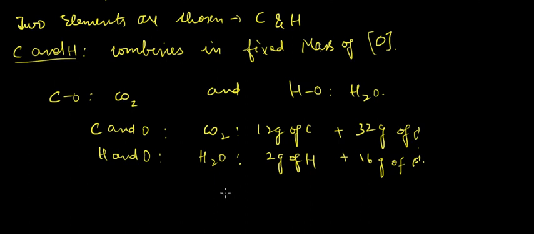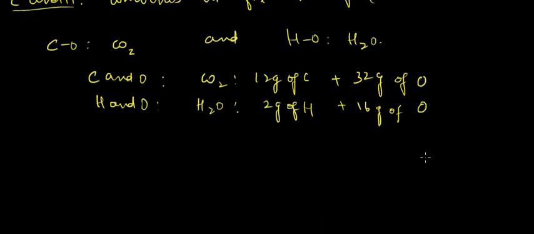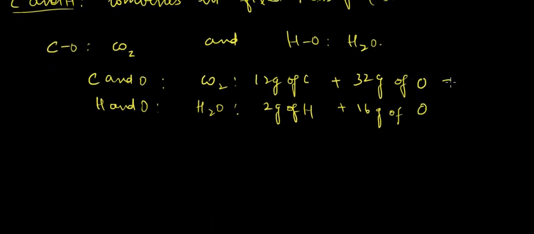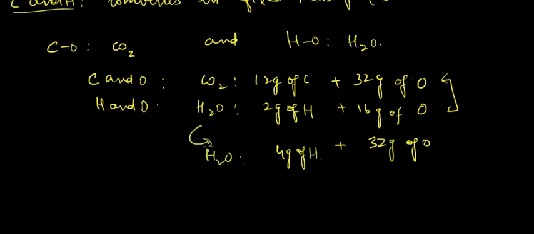So you can see that if we take the same mass of oxygen, let's say 32 gram of oxygen, it will combine with 4 gram of H to form H2O, just applying the unitary method here.